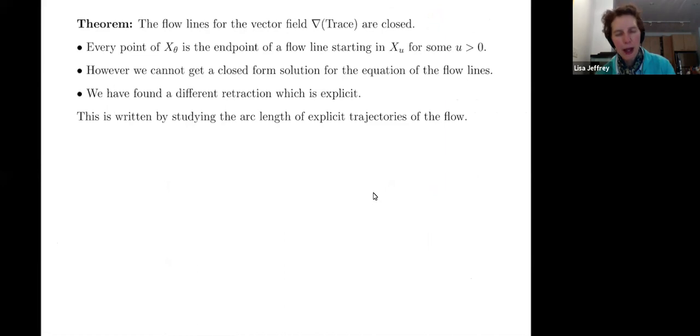And every point in your X theta is the endpoint of a flow line starting in some X sub u for some positive value of u. But we're not able to get a closed form solution for the equation for the flow lines. We did find a different retraction which is explicit, which we can write by studying the arc length of trajectories of the flow.